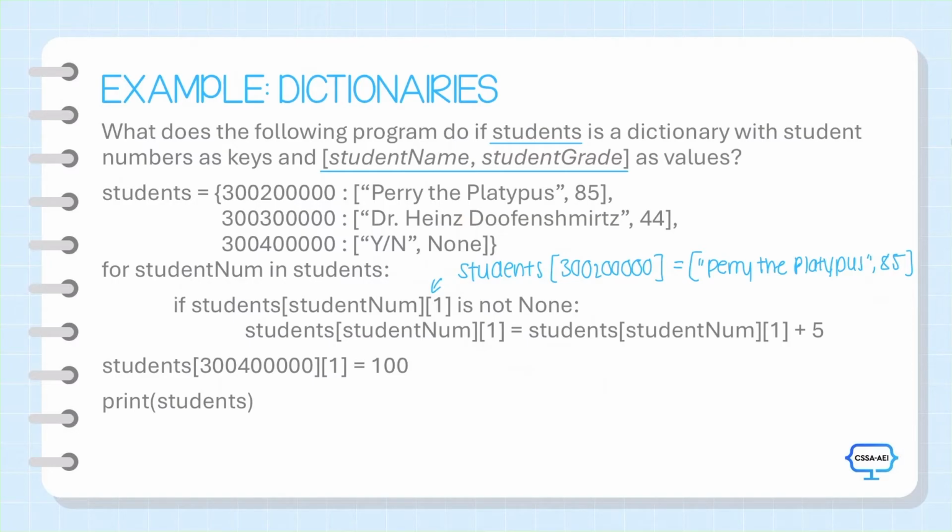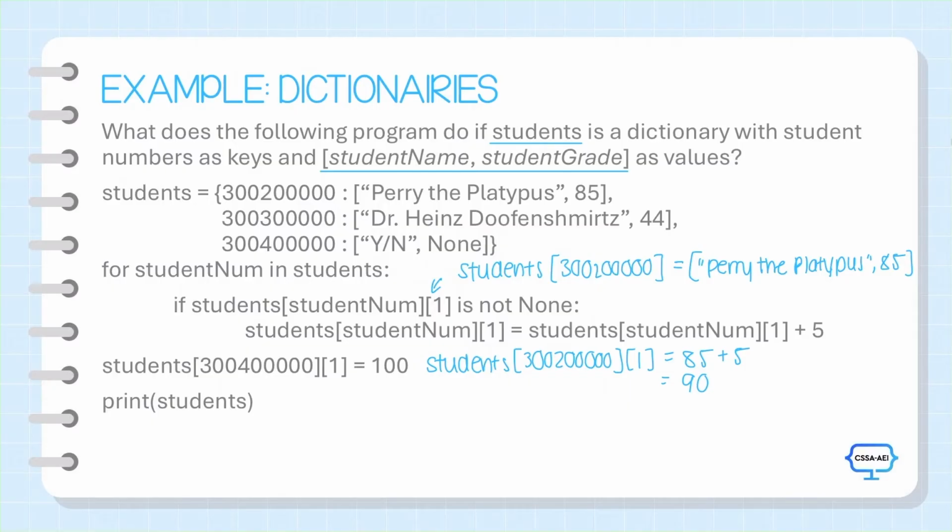Okay? So for example, with Perry the platypus, right now it is 85, right? Right there. We're just going to add 5, and that's going to become 90. And that's possible because our value is a list, and we can also index and change a list.